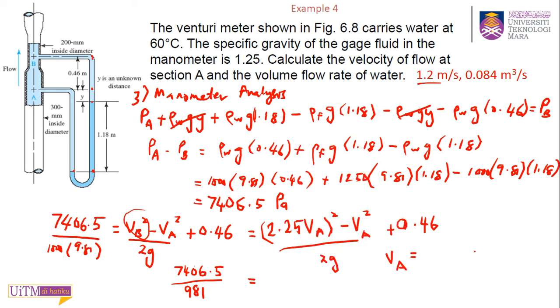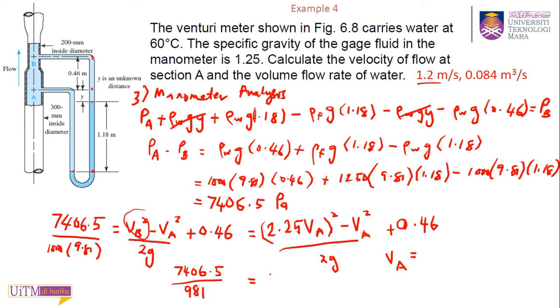Okay, 2.25 squared minus 1 over 2 times 9.81 plus 0.46. 0.667. 5.0. Betul tak? 2.2.